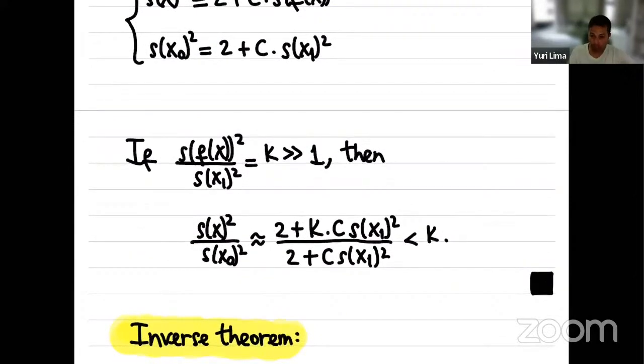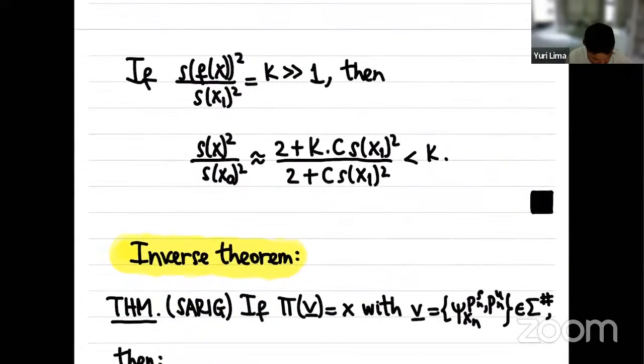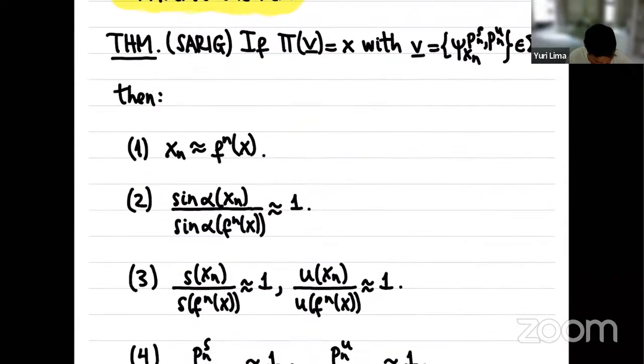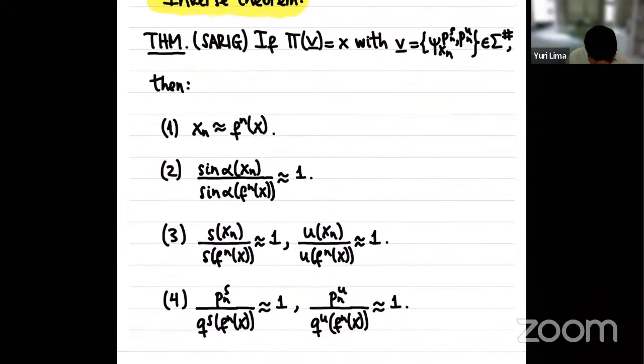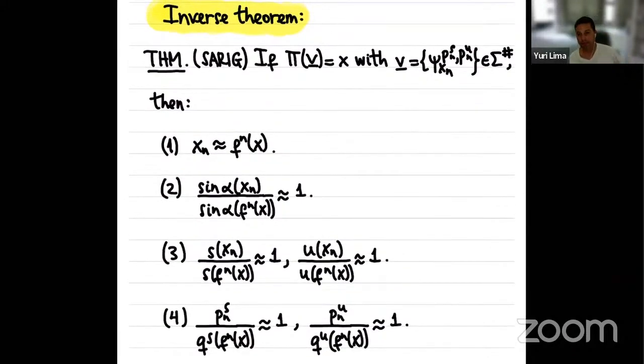So finally, we arrive at the 5th ingredient, which is the inverse theorem, which allows us to control everything that we wanted. So what does it say? It says that if you get an epsilon GPO, as Marisa said, that is recurrent, you see the same symbol infinitely often in the future, and the same symbol infinitely often in the past. And if you look at the shadowed point, then the hyperbolicity properties of the epsilon GPO are almost the same as the hyperbolicity properties of the coded point.